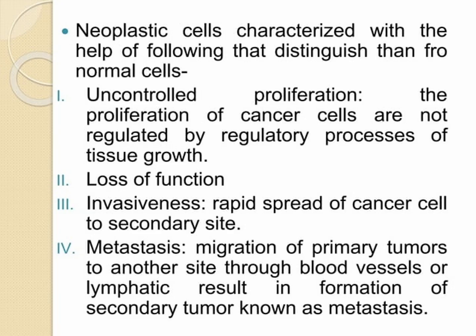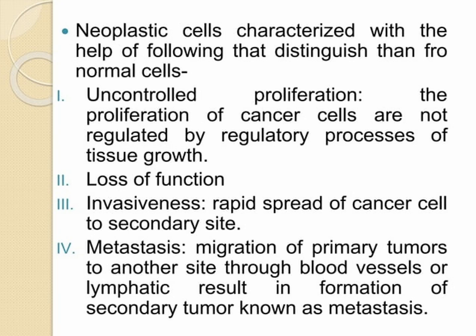Usually we have a regulatory process in our body regarding tissue growth, but in the case of cancer there will be uncontrolled proliferation and loss of function. Then invasiveness: rapid spread of cancer cells to a secondary site, invading another site.